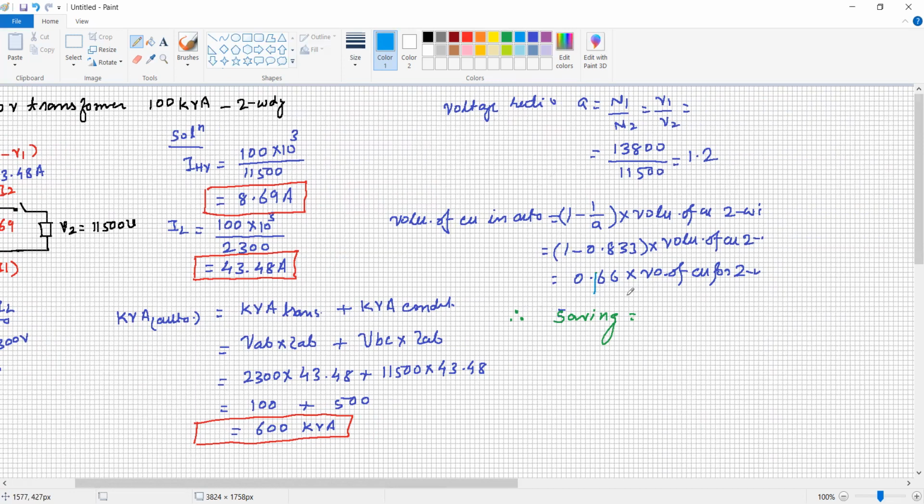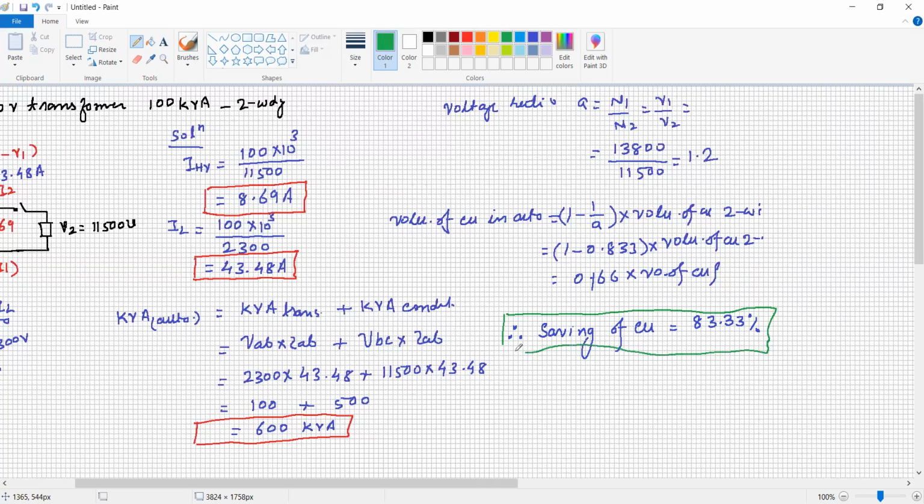So the saving is 83%. Therefore, saving of copper is equal to 83.33%. This is the answer. Okay.